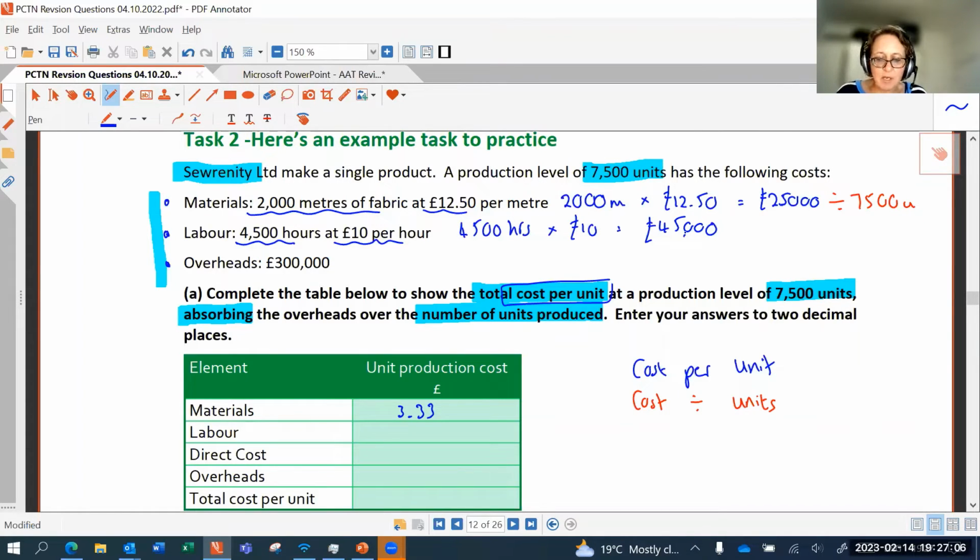So if I'm trying to find the cost of 1 teddy bear, the cost per unit, if I then divide that by the 7,500 units that I've produced, it will give me the cost of 1. So £6. Yes, well done. I agree.